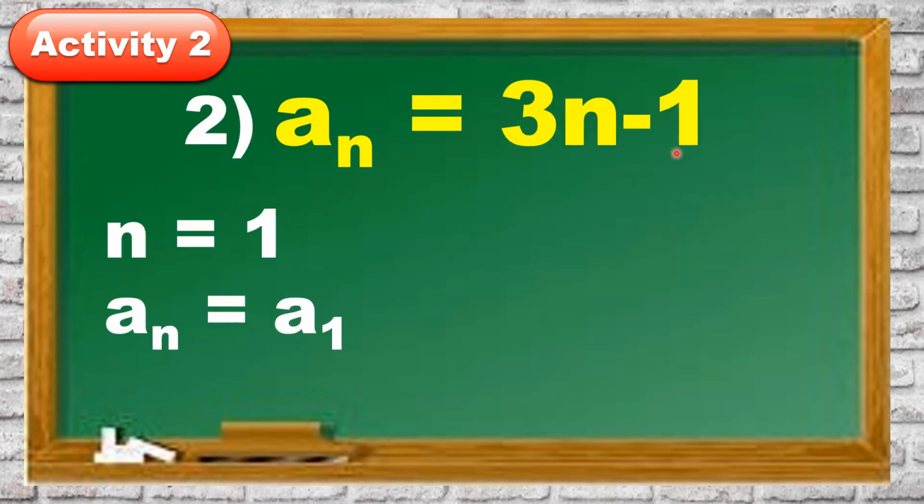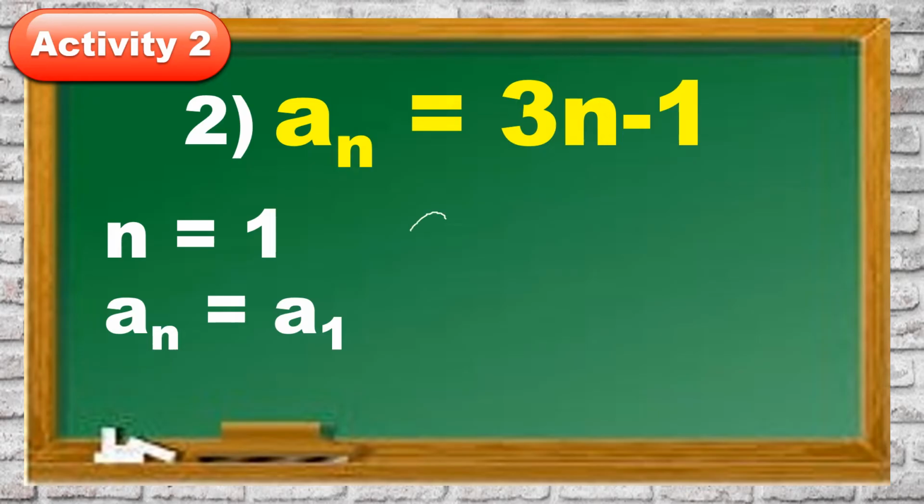Kunin naman natin yung first 3 term from the equation a sub n equals 3n minus 1. In this example, yung 3, constant din yan. Ibig sabihin, kung anumang value ng n natin, lagi natin i-multiply sa 3, and then afterwards, isosubtract natin yung 1. So, if we are getting the first term, ang a sub n natin ay a sub 1, and then the value of n is 1.